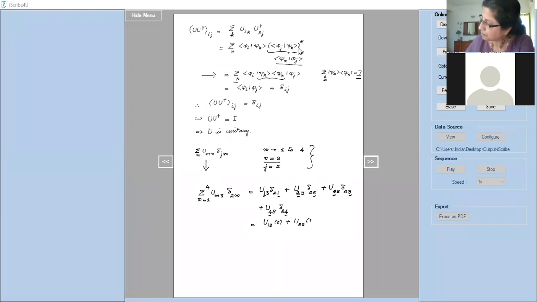U3, 3, delta 2, 3? 0. U4, 3, delta 2, 4? 0. Perfect. So now what will I get? First term is 0. Second term I'll get U2, 3. Third term I'll get 0. Fourth term I'll get 0.